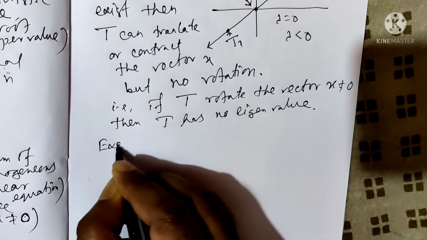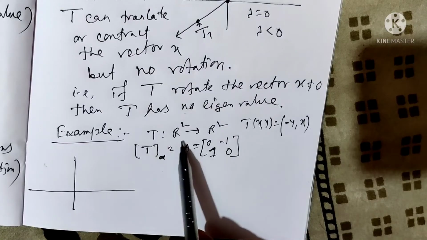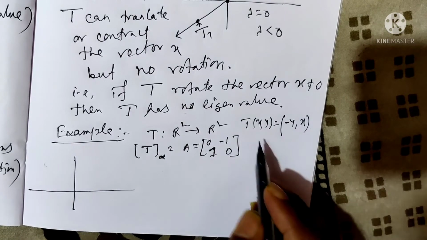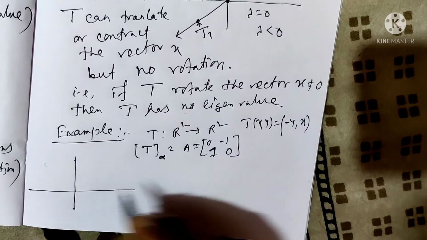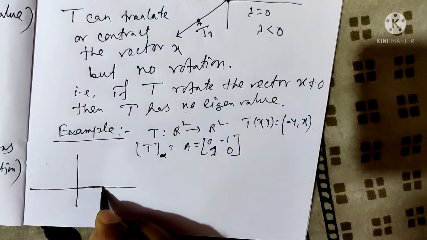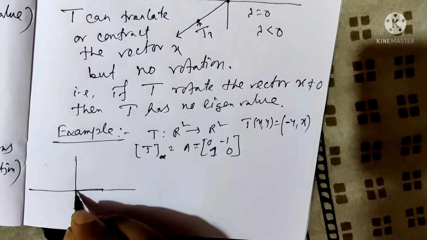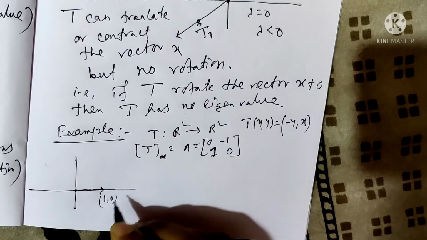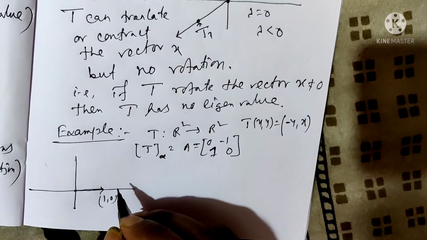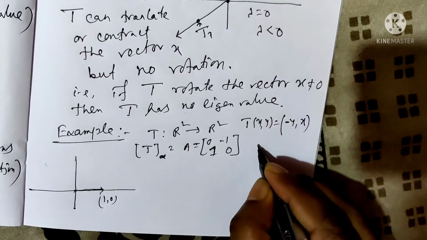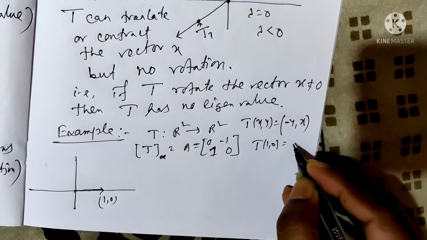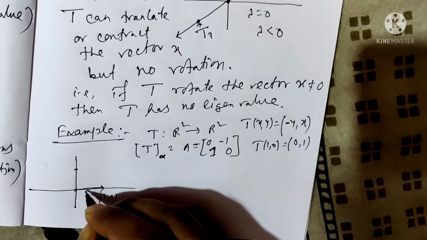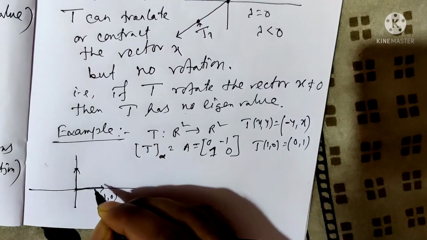Example: let T map R square to R square, and this is the matrix. The vector 1 comma 0 goes to T of 1 comma 0 equals 0 comma 1, so this vector goes to this vector.